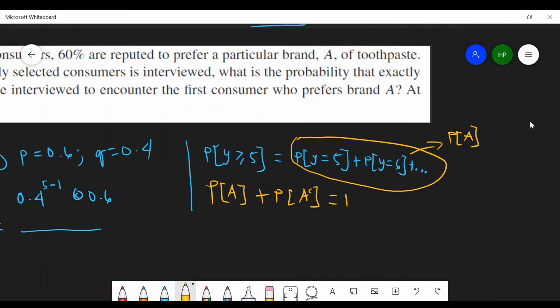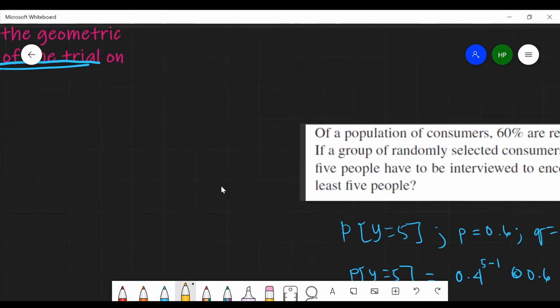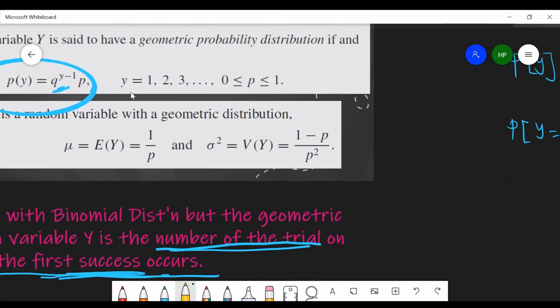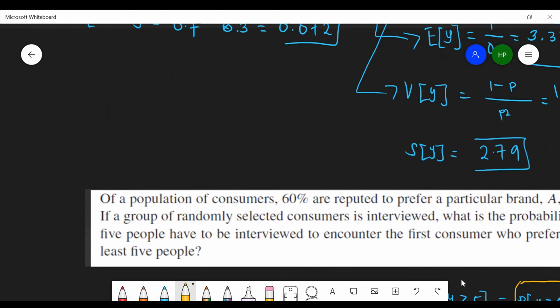Ibig sabihin, sa number line natin, ngayon, isasama ba natin si 0? Siyempre, hindi. Bakit? Kasi alam natin na makakakuha lang tayo ng isa. Y equals 1 to 3 sa first trial. So, imposibleng gumamit ng 0.